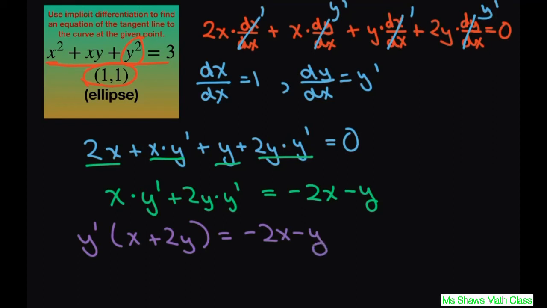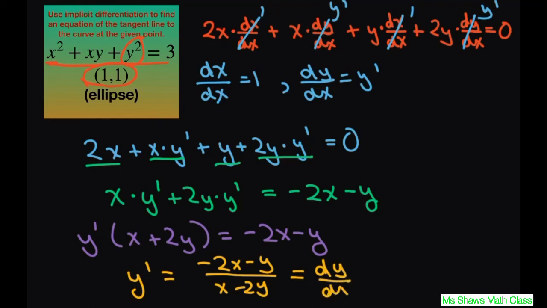And then finally, we divide both sides by this. So y prime equals negative 2x minus y, divided by x plus 2y. That's your derivative of y with respect to x, your gradient. Now we can plug in the 1s.